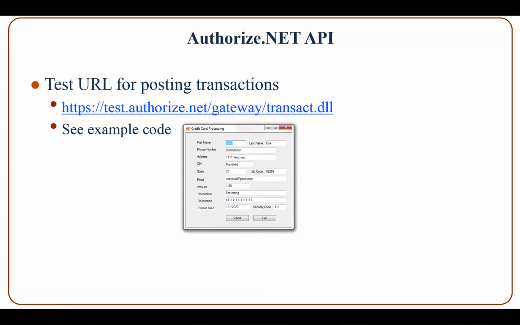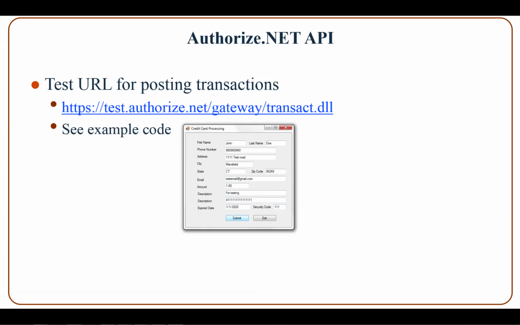So this is an example, and it is preloaded with some sample data. This is a test credit card number with the amount of $1. The expiration date can be any day from now, and also the security code.